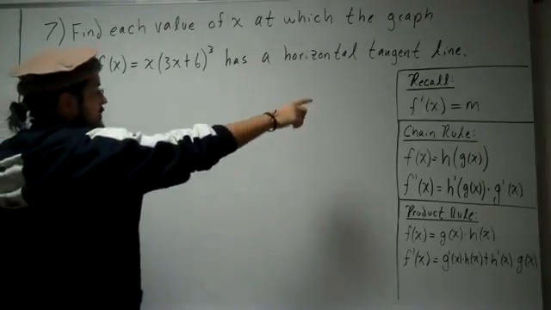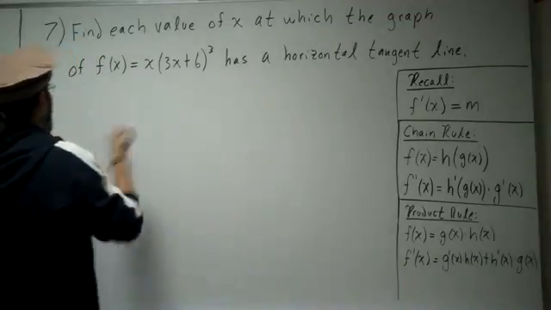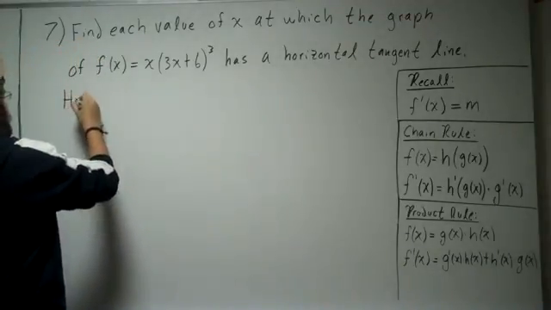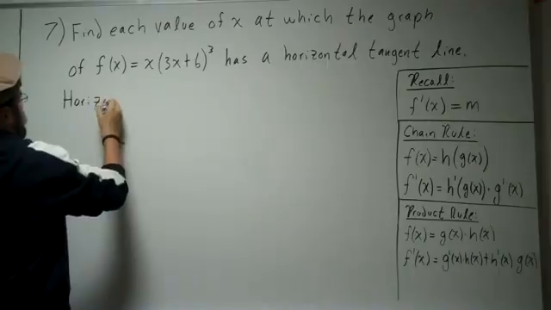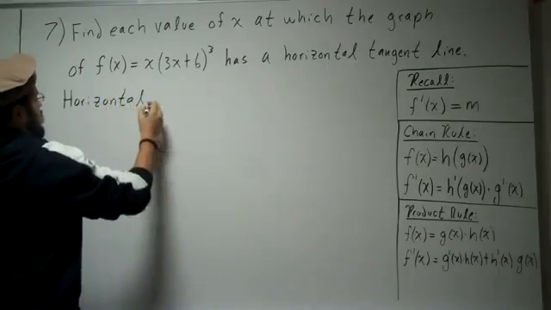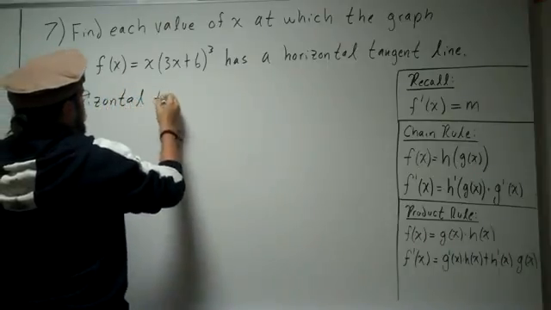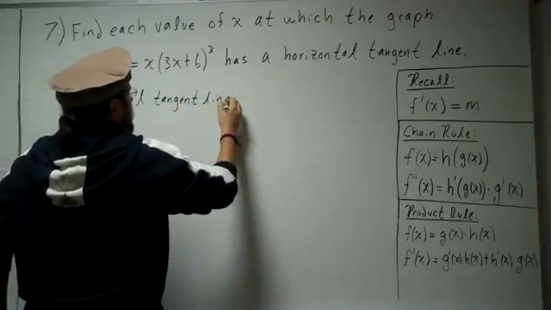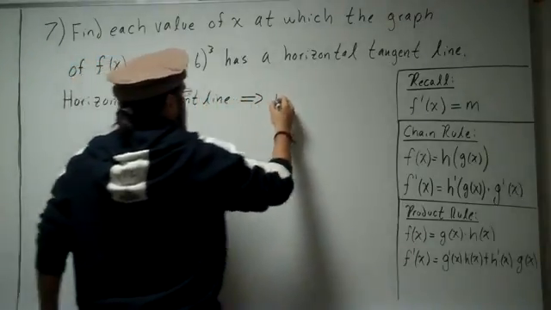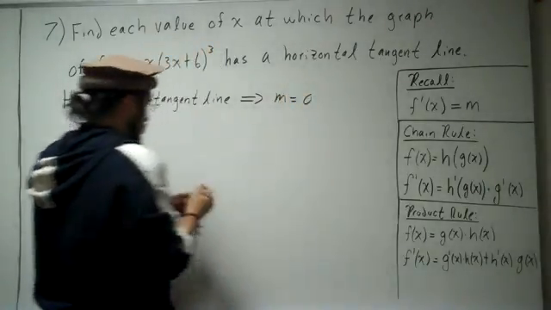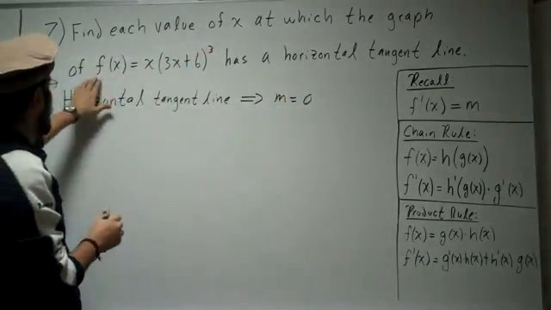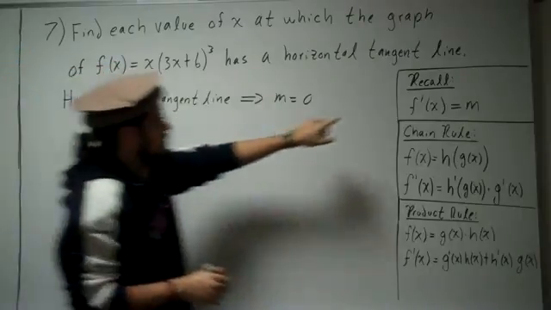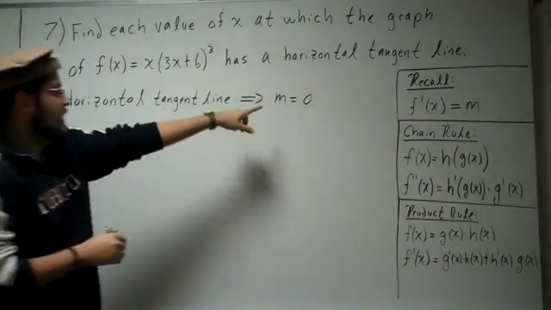We know that f prime is equal to m, and we know that a horizontal tangent line implies that m must be 0. Okay, so how can we find m with this function?